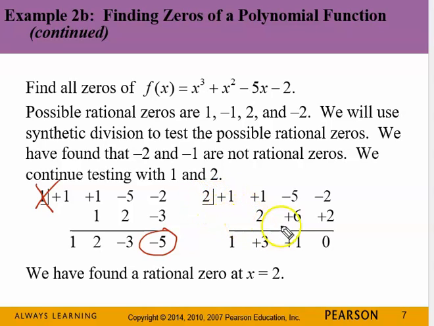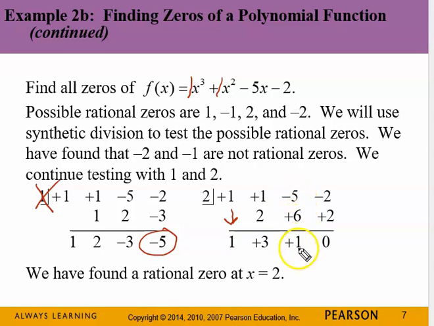When we go through the synthetic division, let's just do one here. So again, you know where we got our values, 1, 1, -5, -2. And then we just bring the 1 down here. Then we go 2 times 1 is 2. 1 and 2 add up to 3. 2 times 3 is 6.